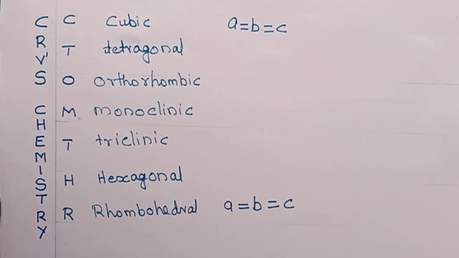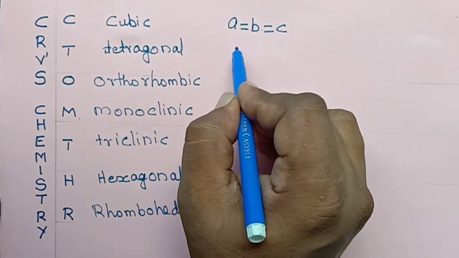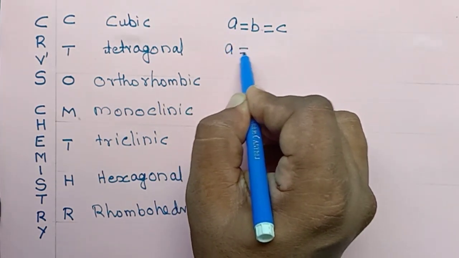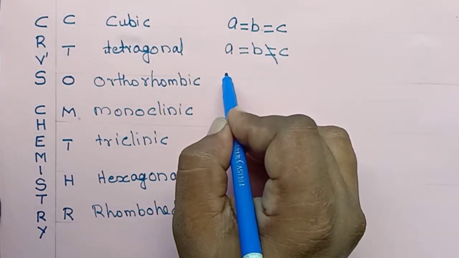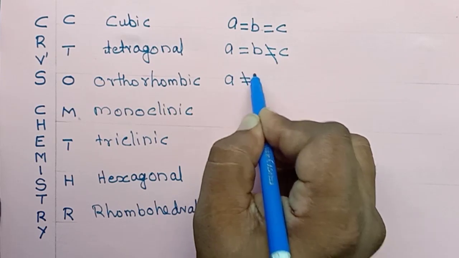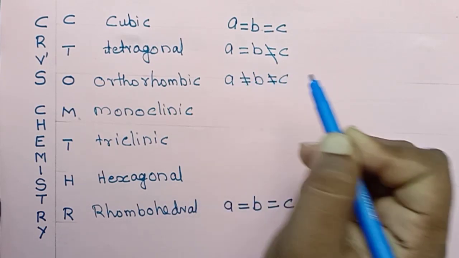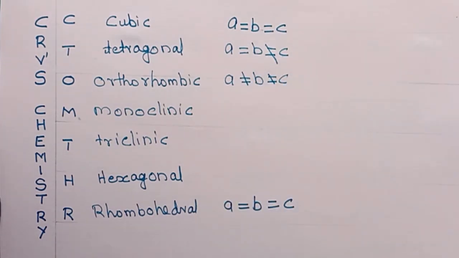Now the second and the second last also has a relation between them. The first is A equal to B equal to C. The second is A equal to B not equal to C. And the third is A not equal to B not equal to C. I think you can understand the relation.